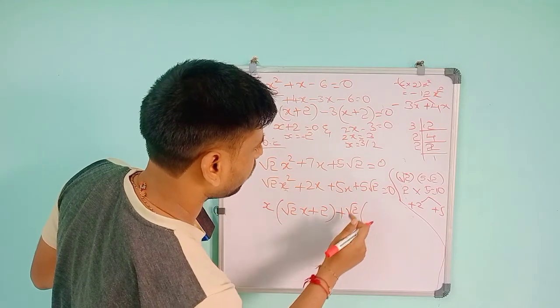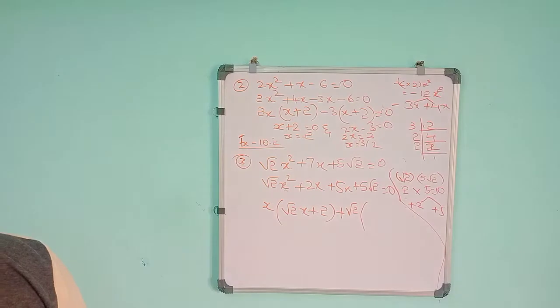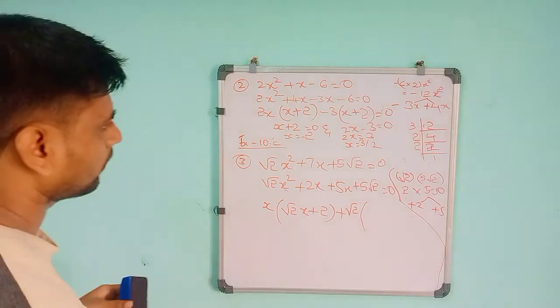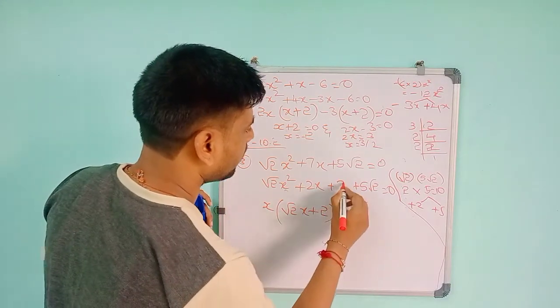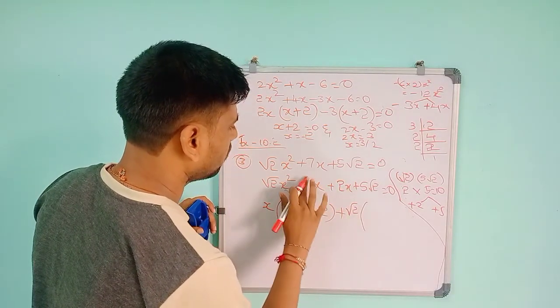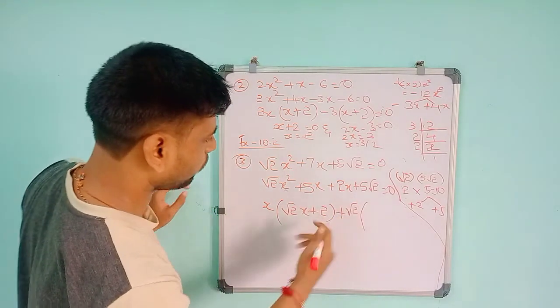If you take root 2 common here, you can write this one. You will write here 2x, 5x. So a little bit of confusion in this one.